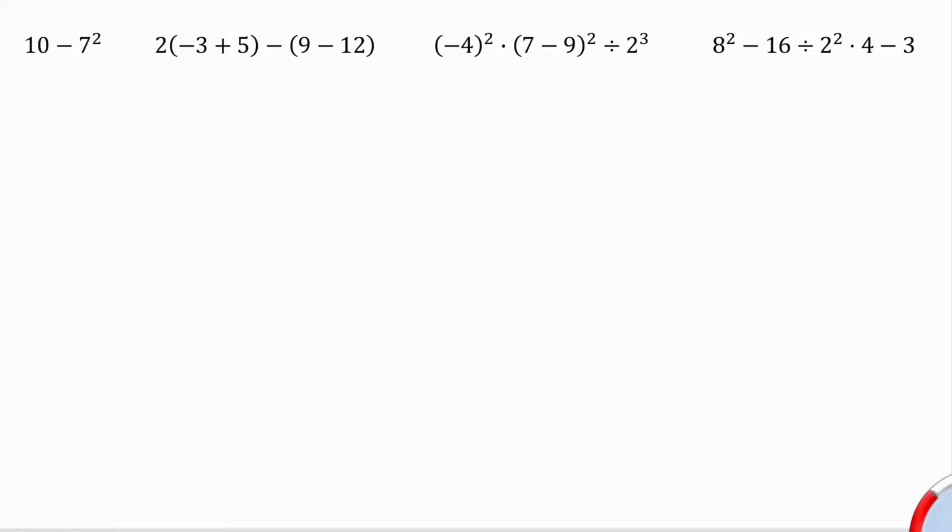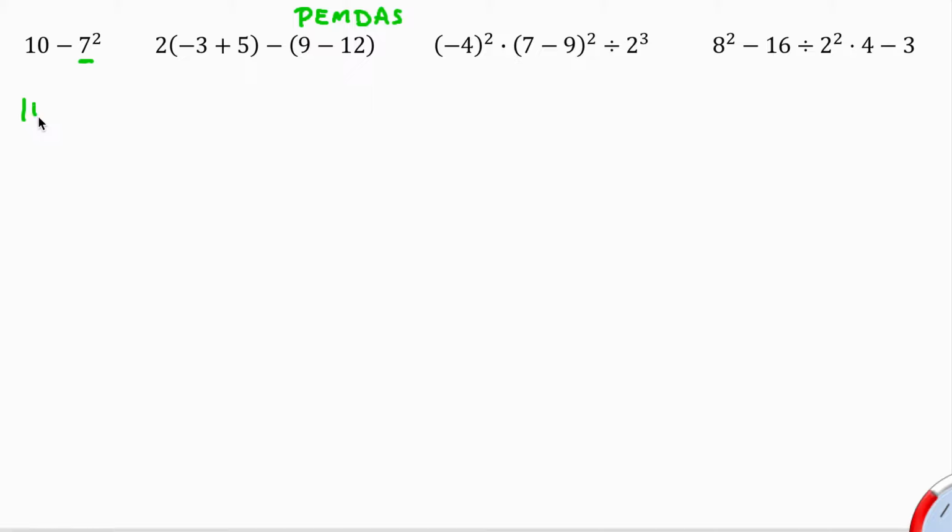All right, so let's look at a problem. Actually, let me write that up here. So parentheses first. This problem has no parentheses, so I'll move to exponents. Here's an exponent. I have to do that first.